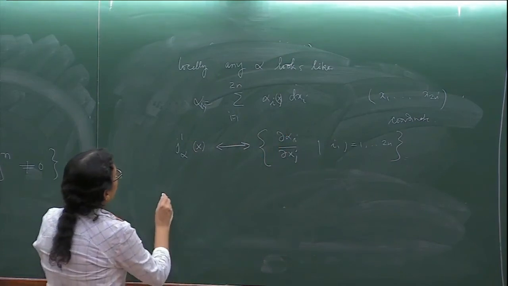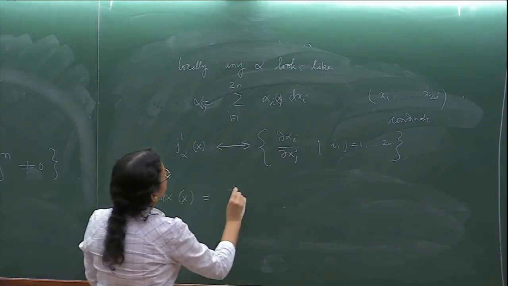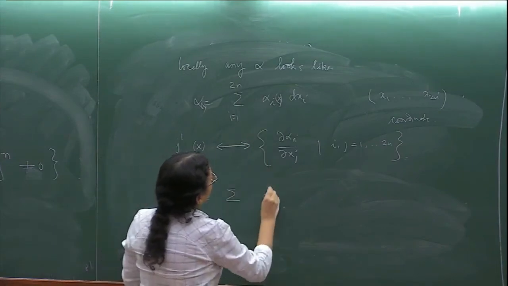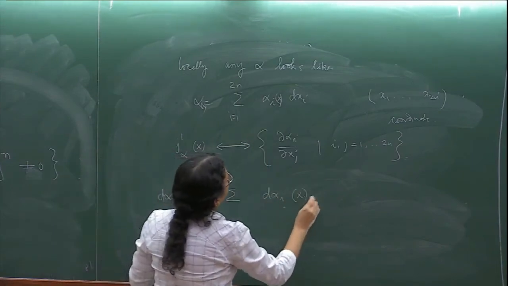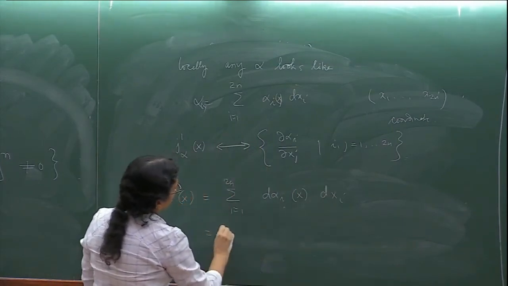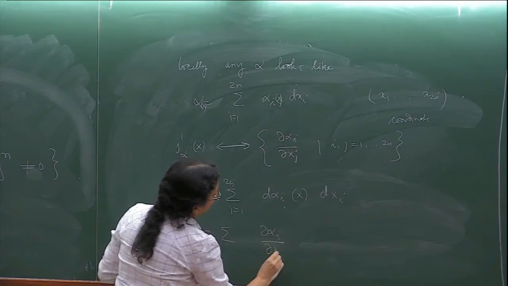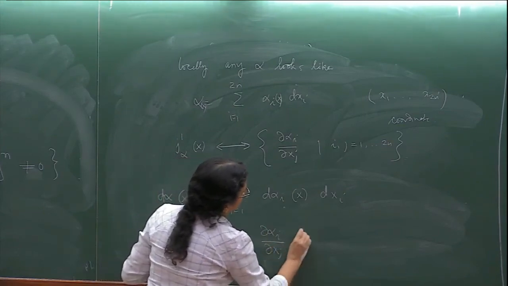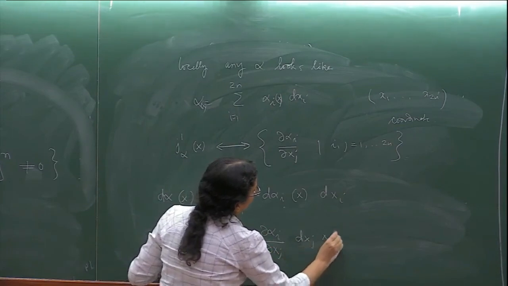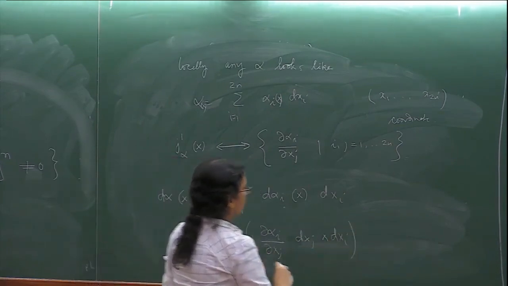On the other hand, what is d alpha? d alpha at x is summation d alpha_i(x) dx_i, i equal to 1 to 2n, and then this is the partial derivative of alpha_i with respect to x_j, dx_j wedge dx_i.